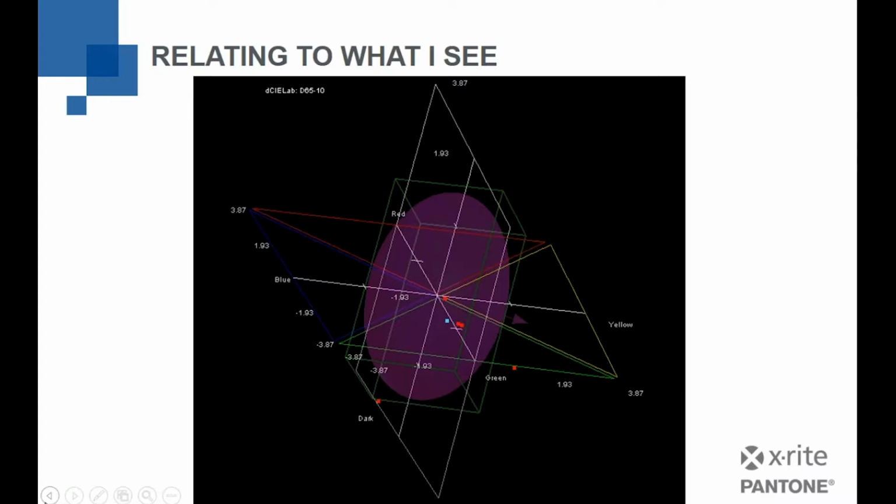Then there's a green rectangle in there, which would be if we had plotted a LAB tolerance around my standard. And then you can see a purplish colored ellipsoid. That happens to be a delta E 2000 tolerance plotted around that sample. If we had this as an interactive thing, we could rotate and look at where the samples lie relative to the color of the standard.